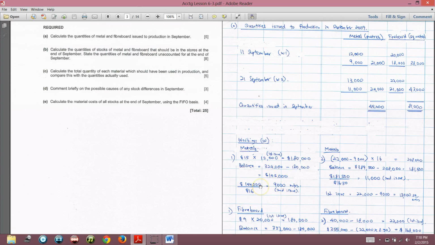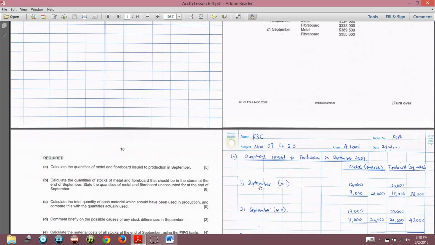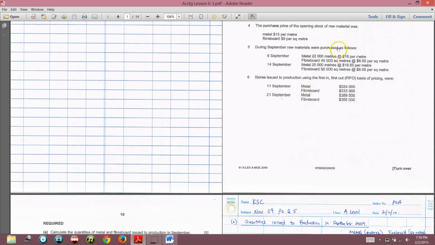So the balance of 144,000 must be the price of the subsequent incoming metal, which costs $16 per meter.